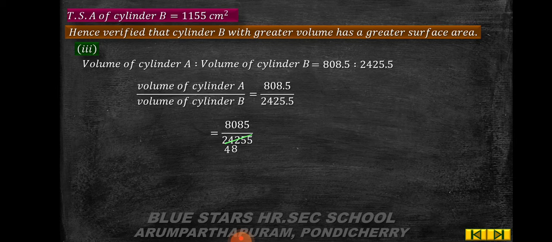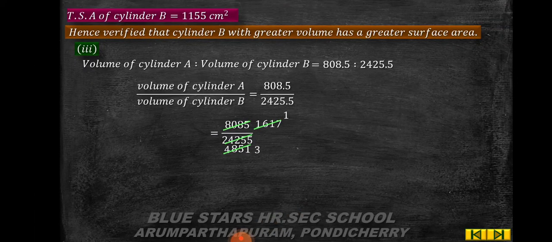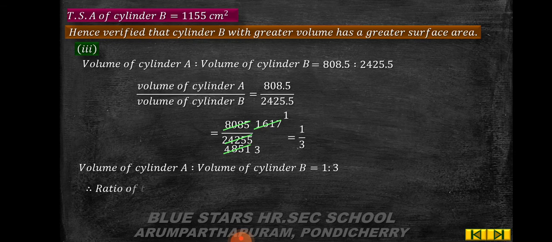So if you simplify, you get 4851 and 1617. Again you simplify, you get 1/3. Therefore, volume of cylinder A is to volume of cylinder B is equal to 1:3. Therefore, the ratio of the volume of cylinders A and B is 1:3.